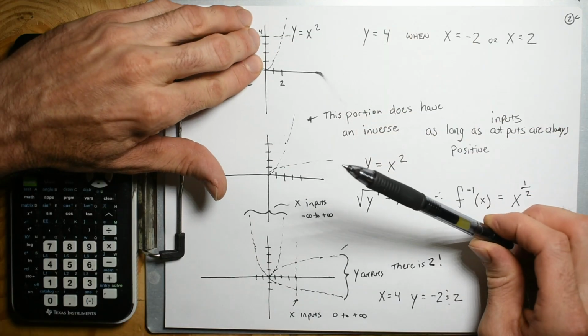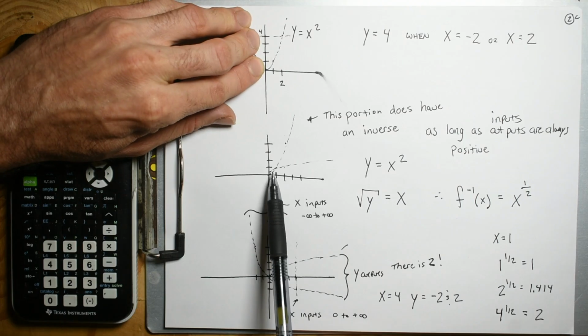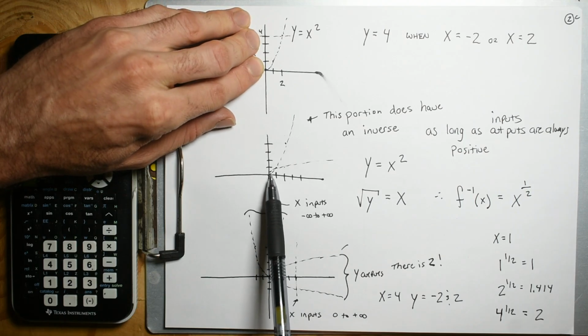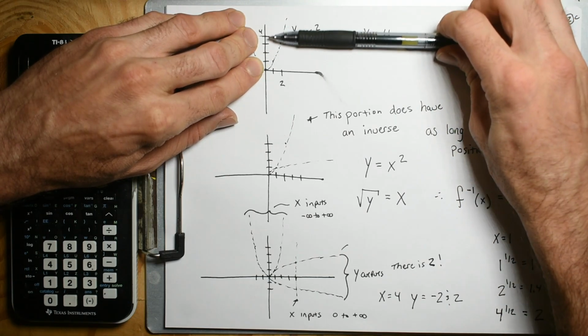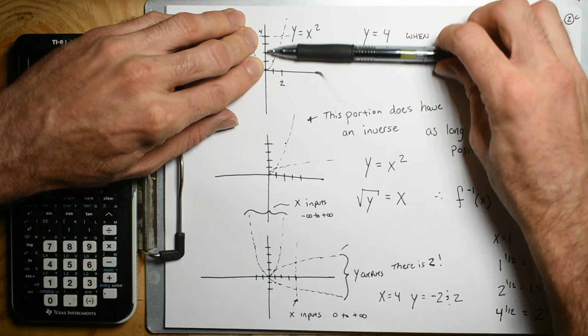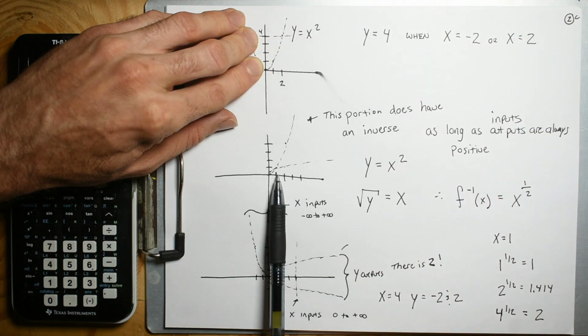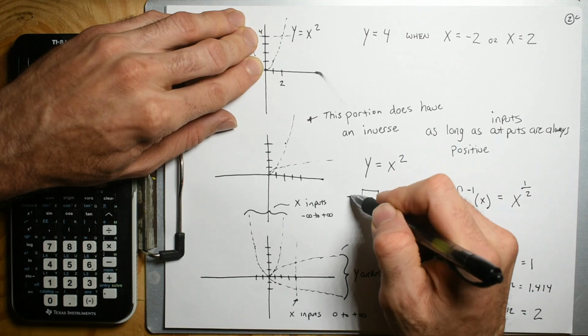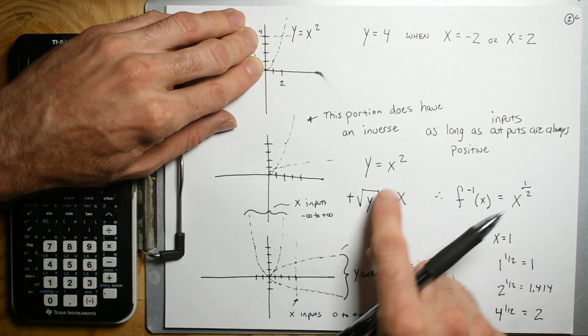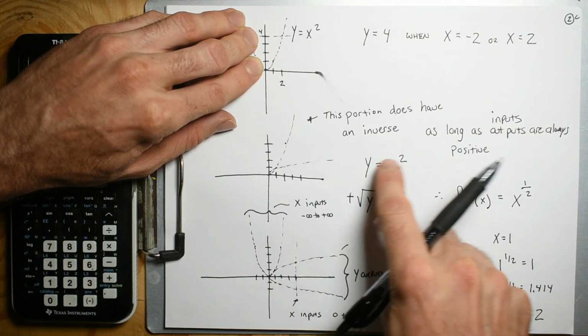It could if you just take this equation from 0 to positive infinity. Then this portion will satisfy that vertical line test, and its inverse is this. It's just going to be the positive value, not the negative value. So we're going to take the square root of both sides.